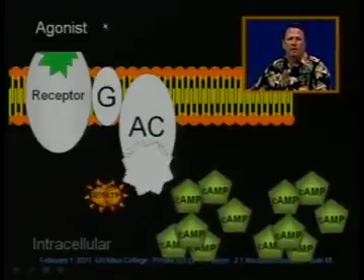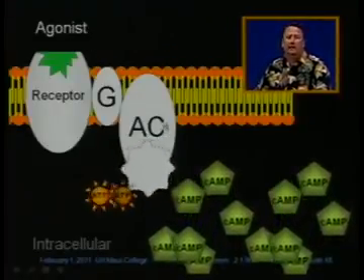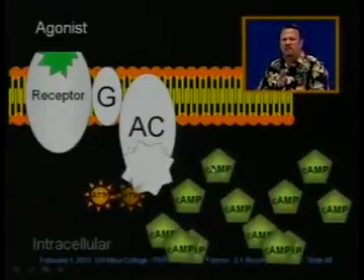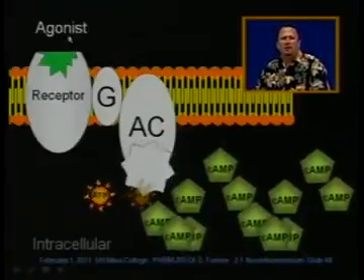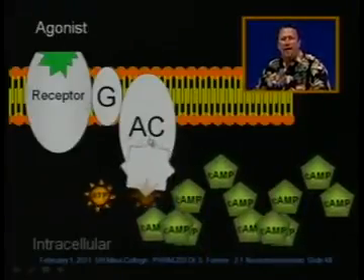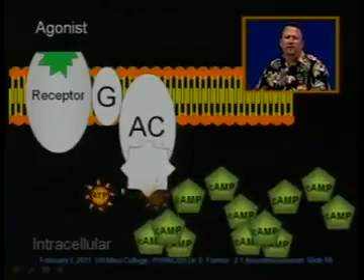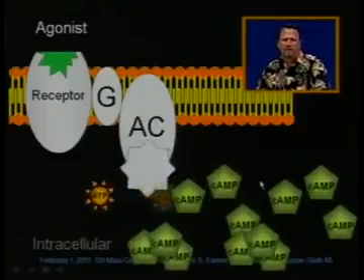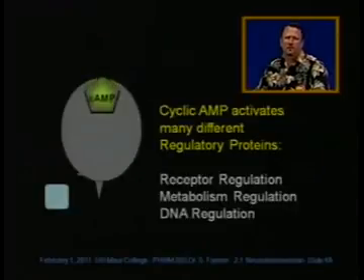Or you might read a neurotransmitter doing exactly the opposite, stopping adenylyl cyclase and lowering cyclic AMP levels. And so there's all sorts of possibilities with that. But here our neurotransmitter has activated adenylyl cyclase, and the adenylyl cyclase is converting the ATP into more and more cyclic AMP. Well, the cyclic AMP can do all sorts of things.